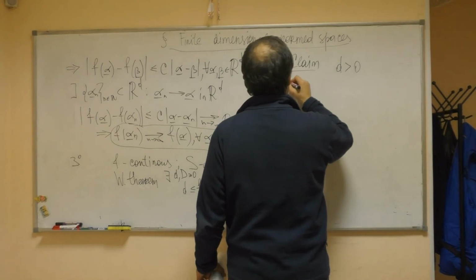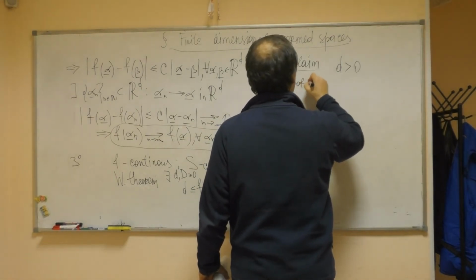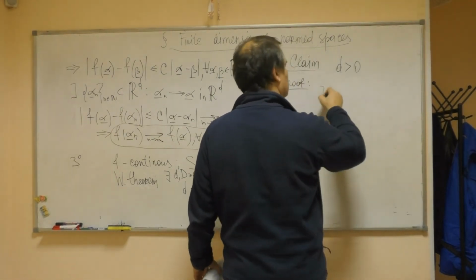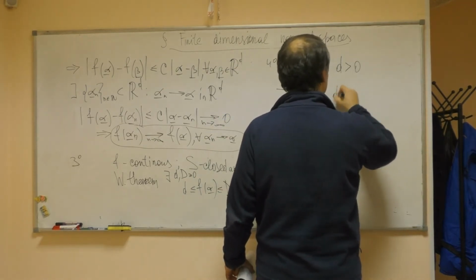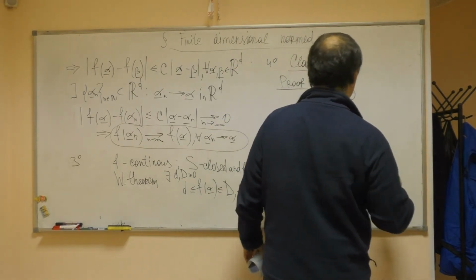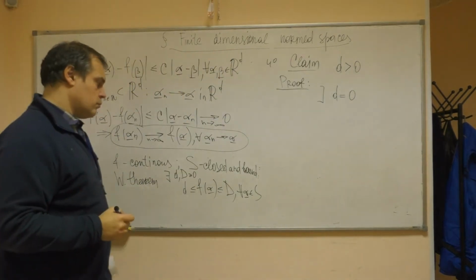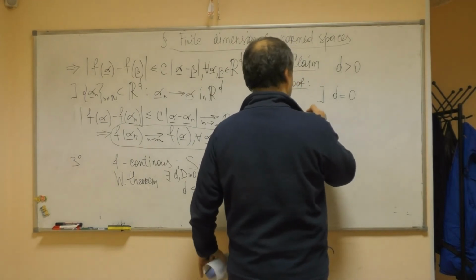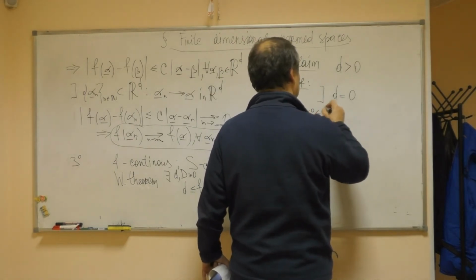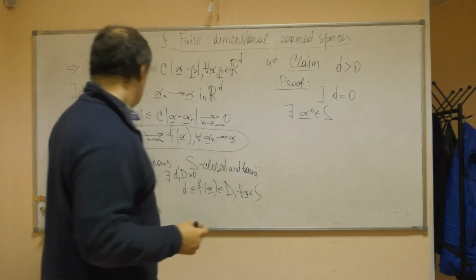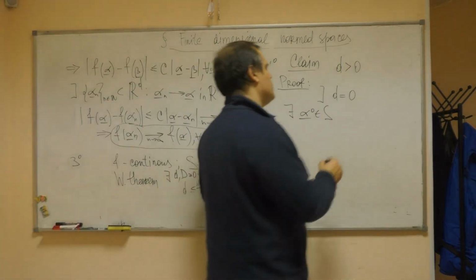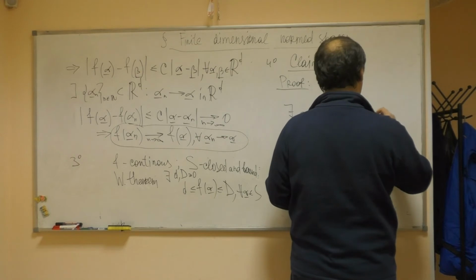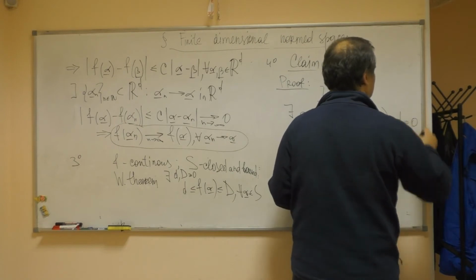So, proof of this claim. Let's assume that d is equal to 0. We can find an element alpha 0 in S according to the Weierstrass theorem such that f from this alpha 0 is equal to d, so it is 0.